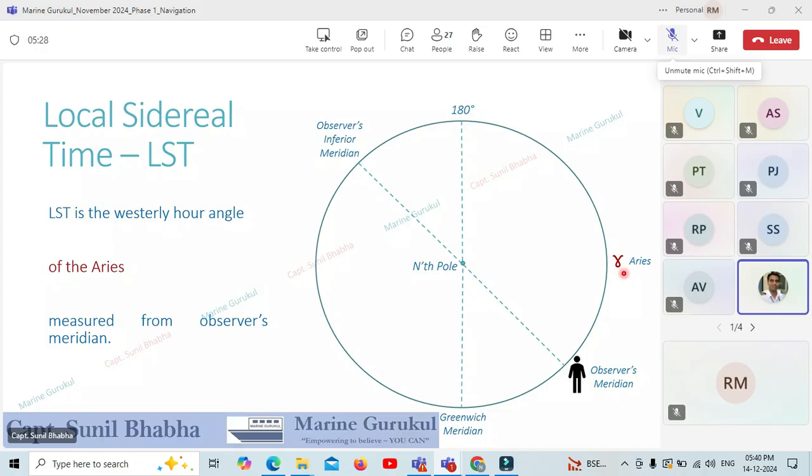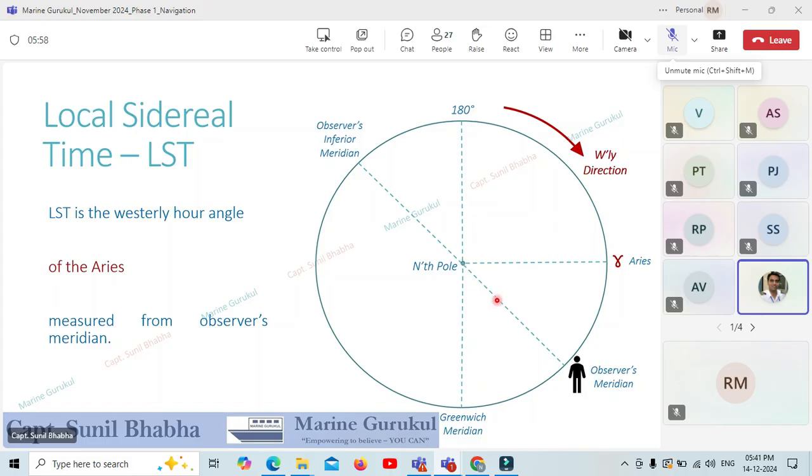Now we can show the local sidereal time, LST, in this particular diagram. When you look from the top of the North Pole in this way, the westerly direction is the clockwise direction. The clockwise direction in this diagram represents the westerly direction. You can see this arrow showing the westerly direction. So now we know LST is the westerly hour angle of Aries measured from the observer's meridian.